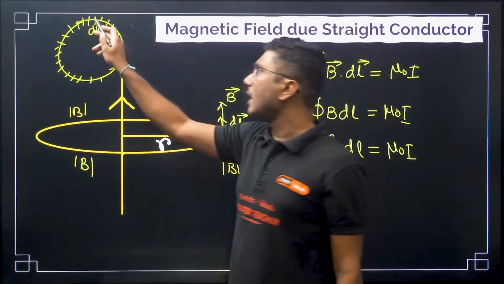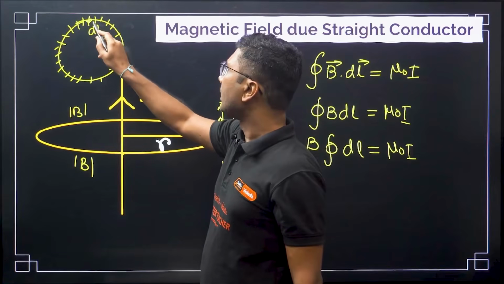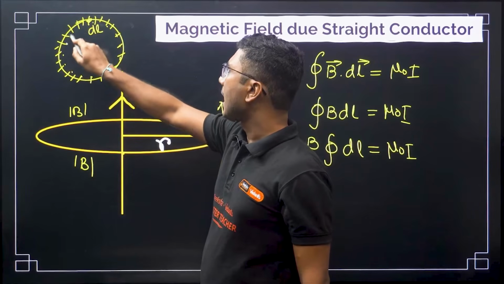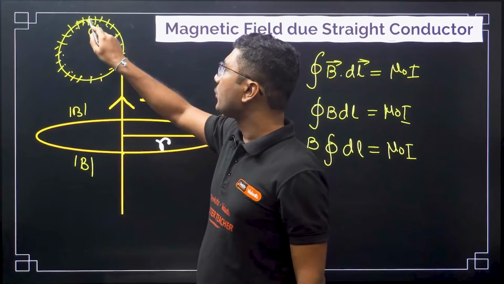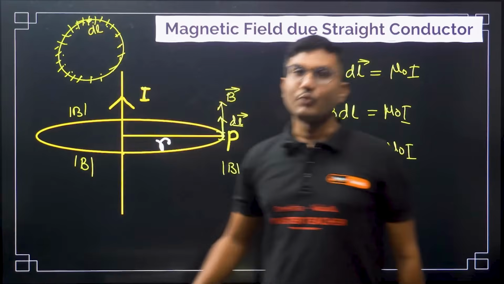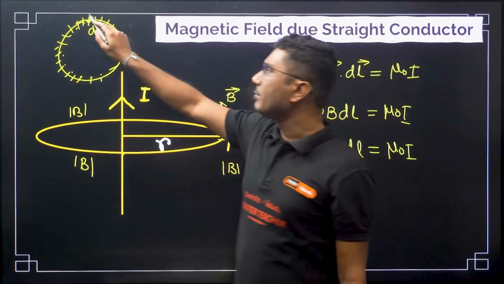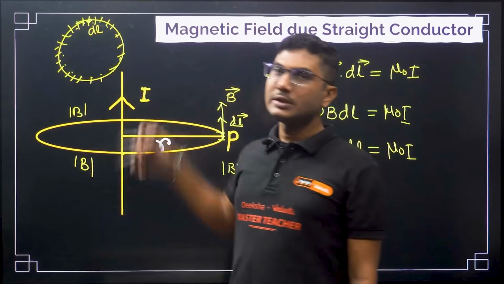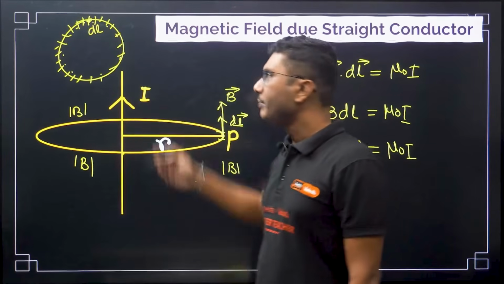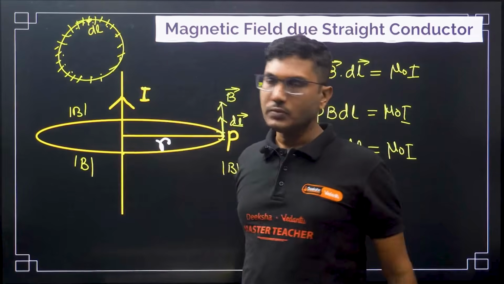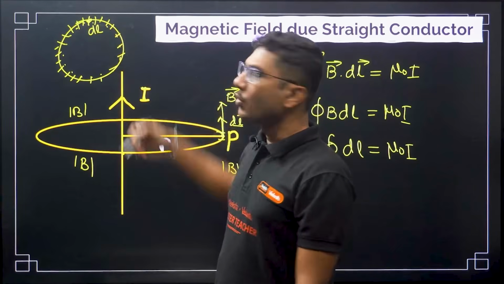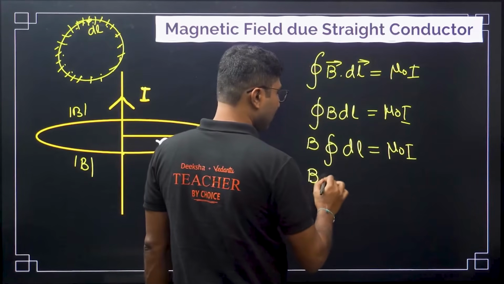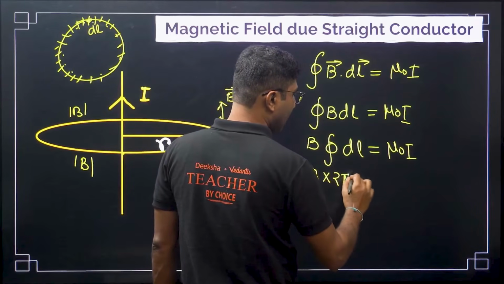So if you start from this point and take small portions and add them up to this point, that means you are basically trying to calculate the perimeter of a circle in this case. What is the perimeter of a circle? It is nothing but 2 pi r.